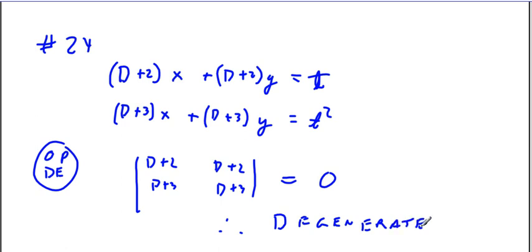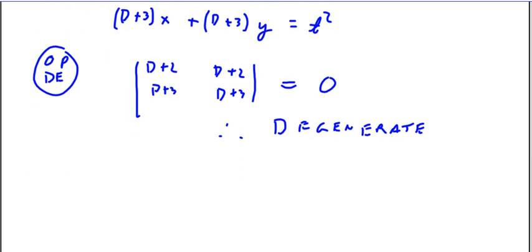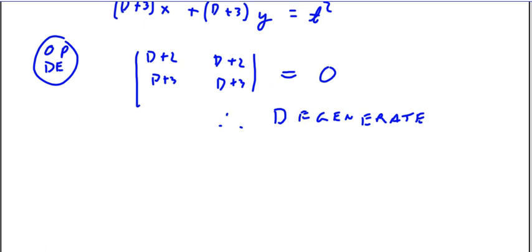So now either I have no solutions or I have an infinite number of solutions. So those are my two possibilities. What I'm going to do is try to figure out which one it is, because that's what I have to do too.